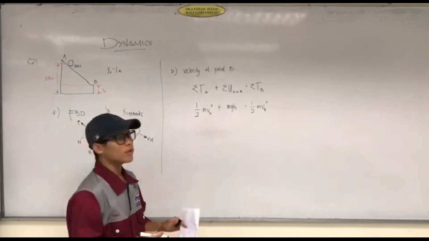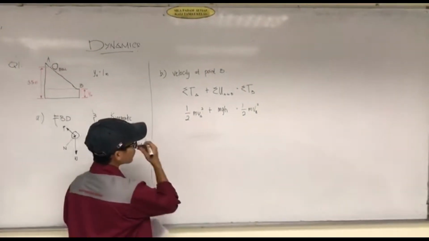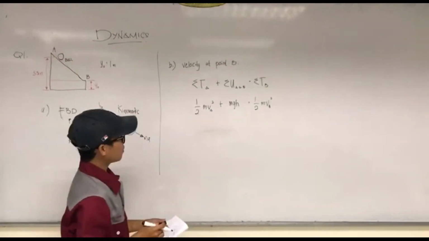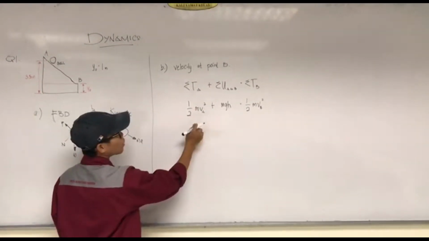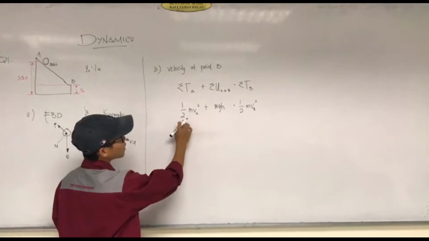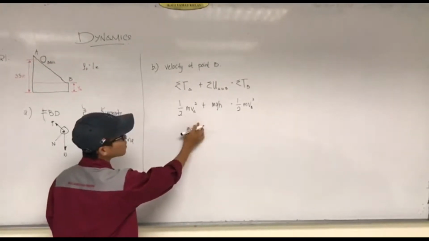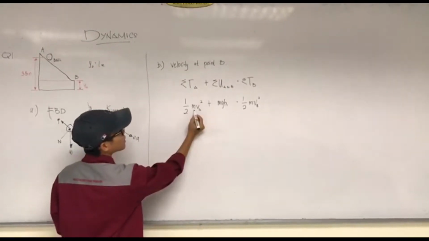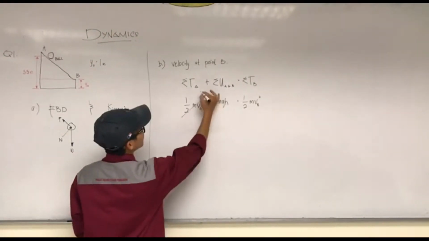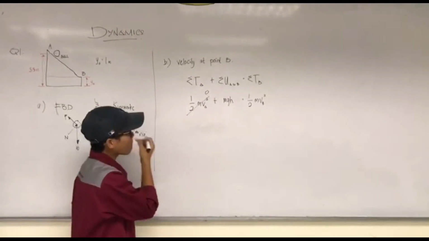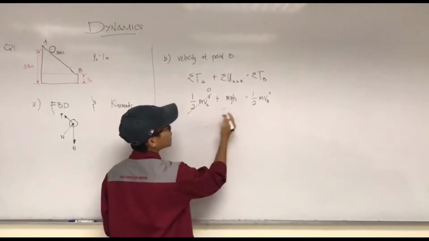Okay, we go through the equation. At point A, the mass and velocity are not given, so we can use zero. And then we go to the mgh.